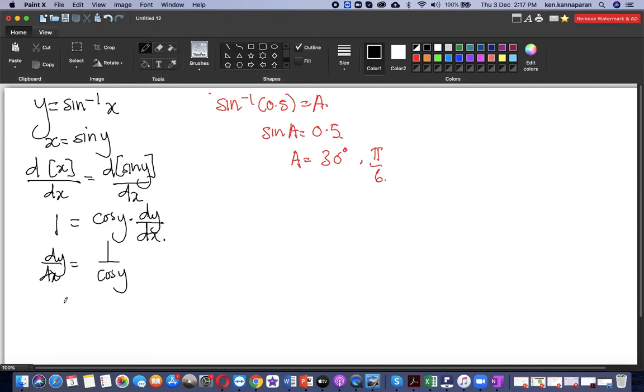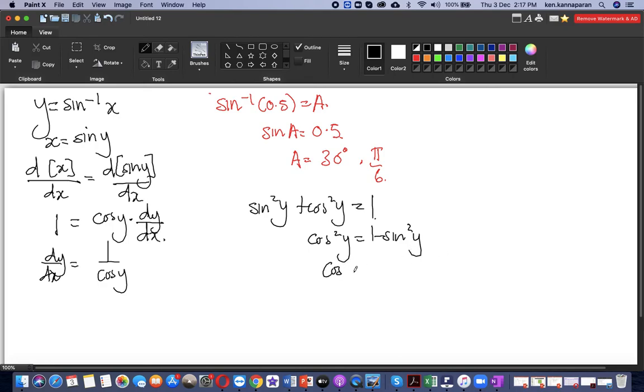Then, before that, sine squared y plus cos squared y equals 1. This is the common identity, the very first identity that we have learned. So if this is the case, what is cos y? cos squared y equals 1 minus sine squared y.